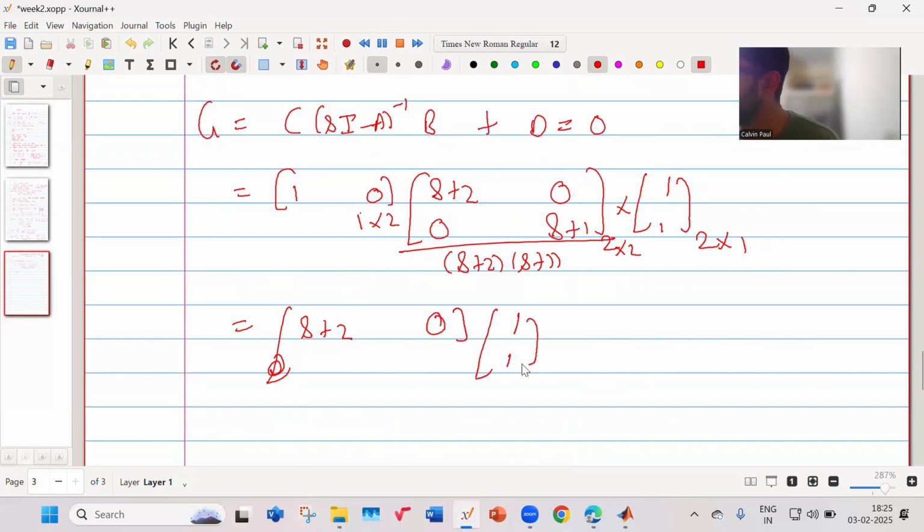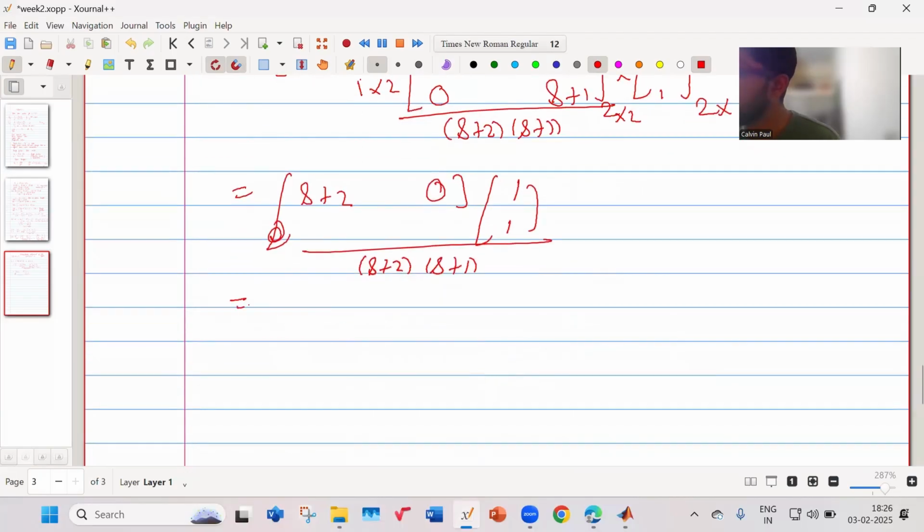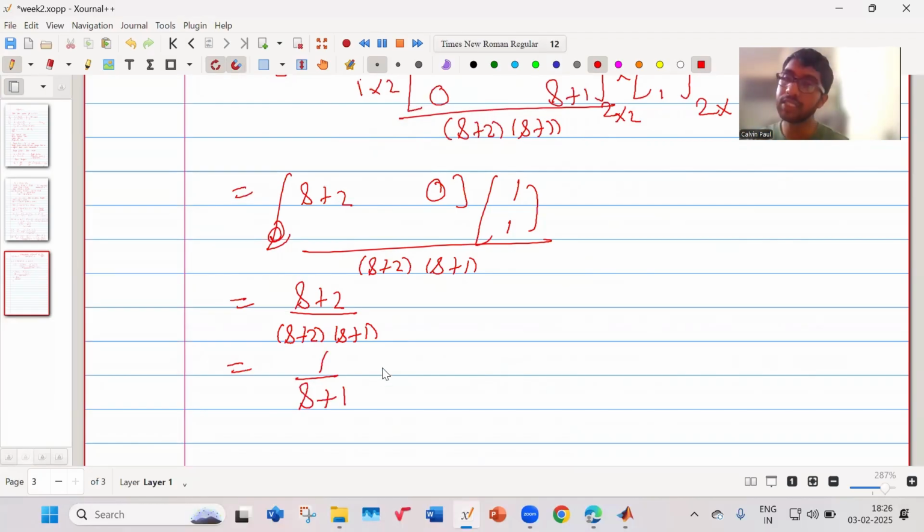This into [1; 1], divided by (s+2)(s+1). Now we multiply this, it becomes (s+2) upon (s+2)(s+1). So effectively it becomes 1 upon s+1. This is how we found the transfer function of the system.